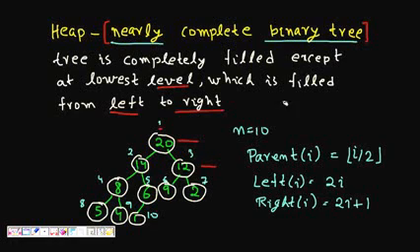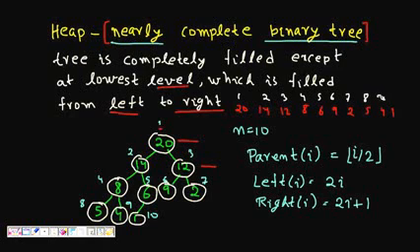If we make an array, it is 20, 14, 12, 8, 6, 9, 2, 5, 4, 1. These are the numbers, and if we give them indexes, this is 1, 2, 3, 4, 5, 6, 7, 8, 9, 10.